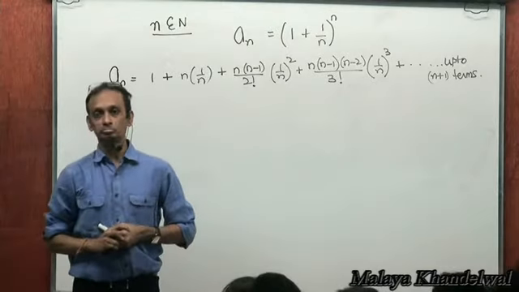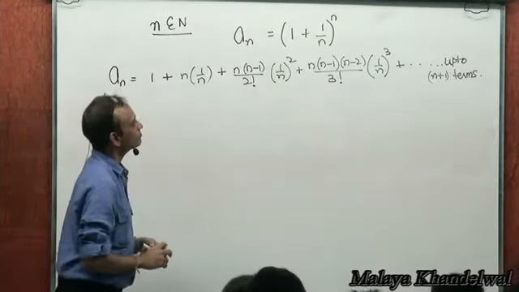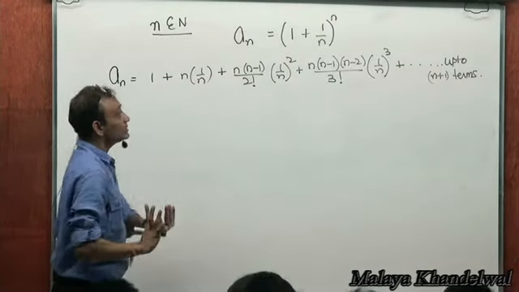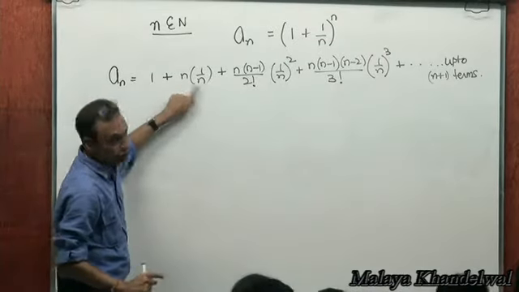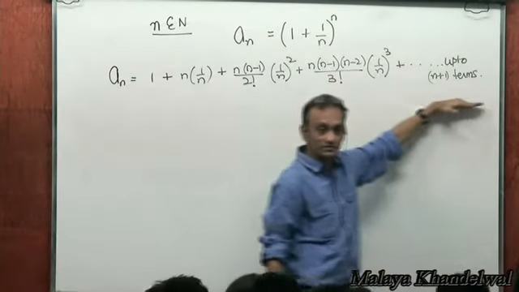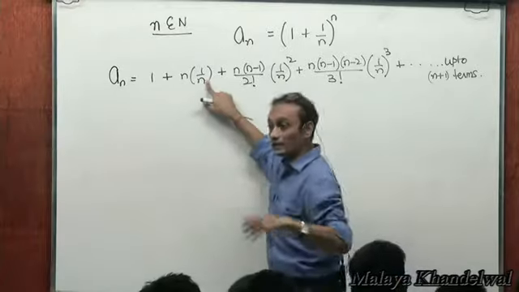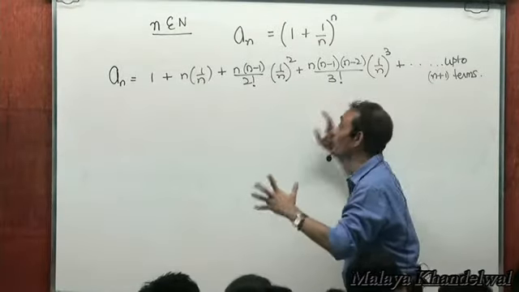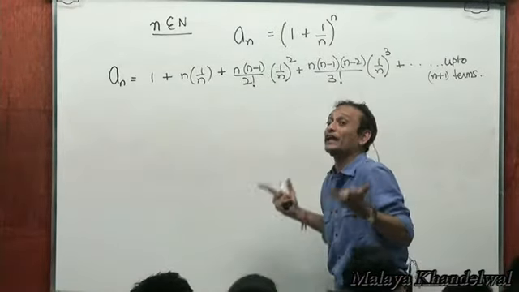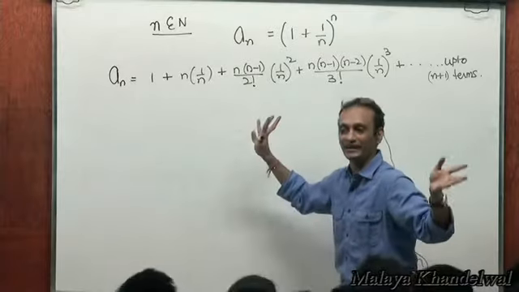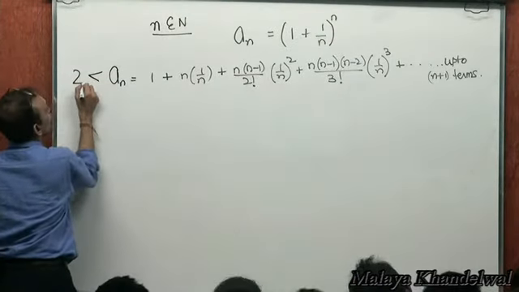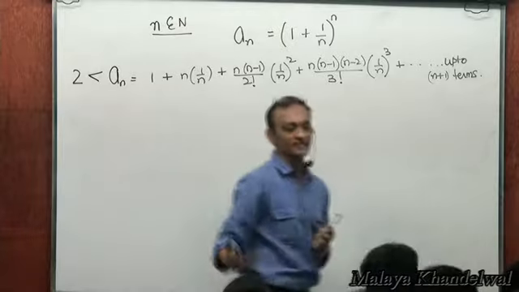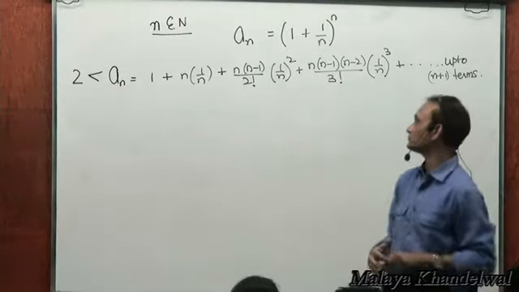Yes or no? Now, very clearly, this is 1 plus 1, that is 2, plus some more positive numbers. So an for sure will always be greater than 2 for any value of n, right? You can readily see.